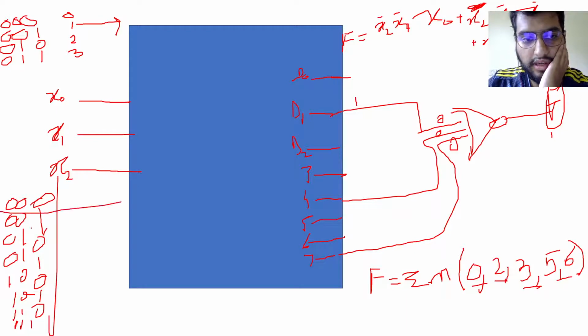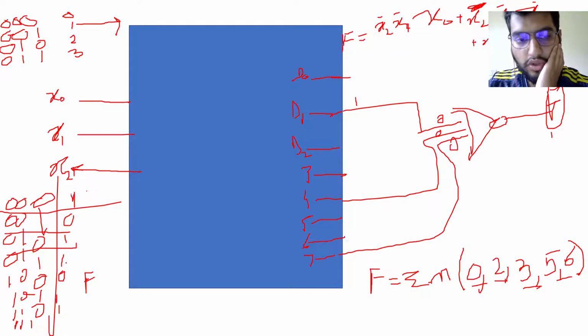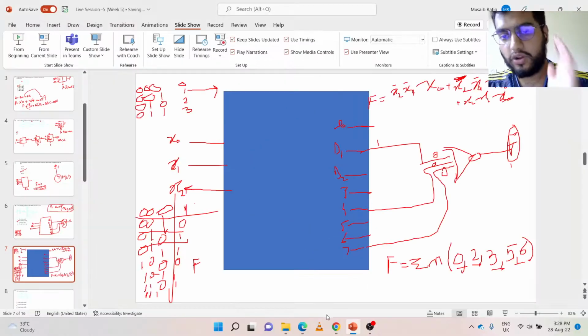Our f will be equal to 1 at 0, 2, 3, 5, 6, and for the rest of the three cases it will be 0. So this is simply f equal to the summation of minterms 0, 2, 3, 5, 6. I hope I'm clear.